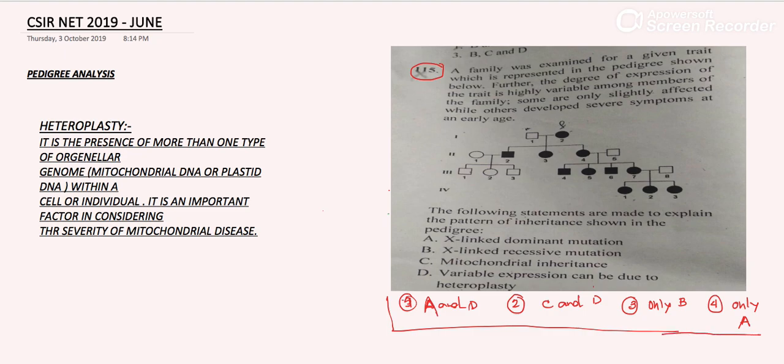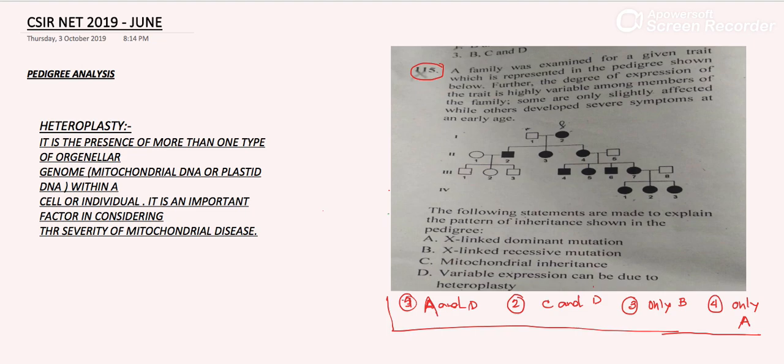X-linked dominant mutation, X-linked recessive mutation, and mitochondrial inheritance are terms I hope students who want to appear in the CSIR NET already know.